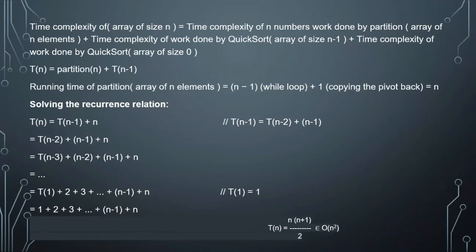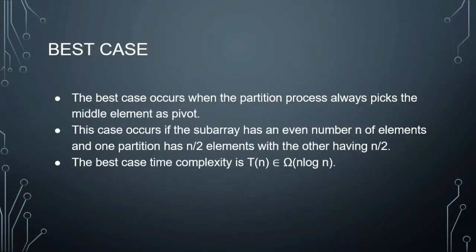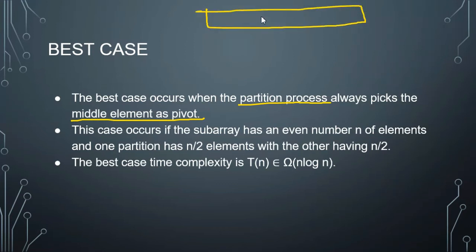So move on to the next scenario, the best case scenario. Here in the best case scenario, the partition process occurs if we pick the middle element as the pivot. If the middle element of an array is selected as pivot point P, it will divide the array into two equally partitioned subarrays of n by 2 and n by 2.